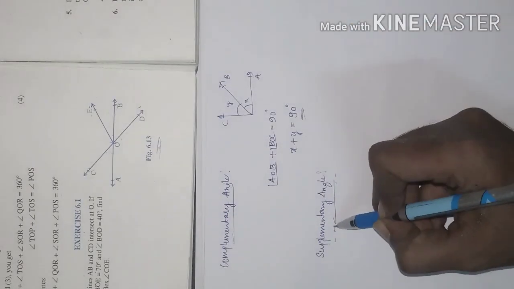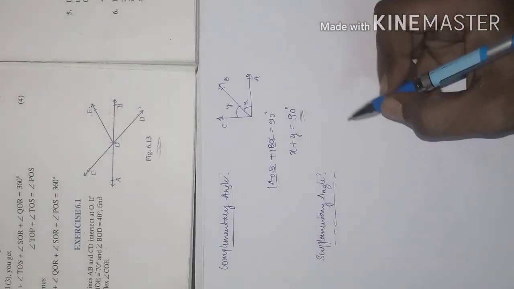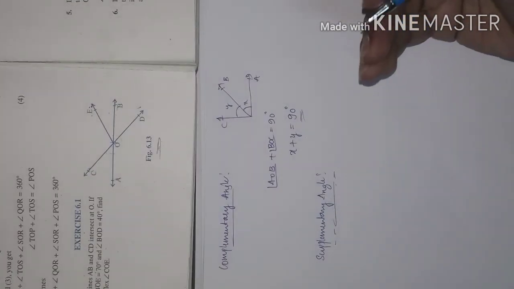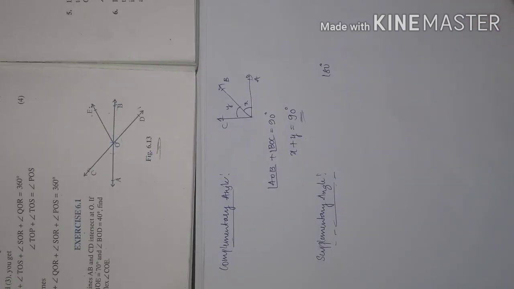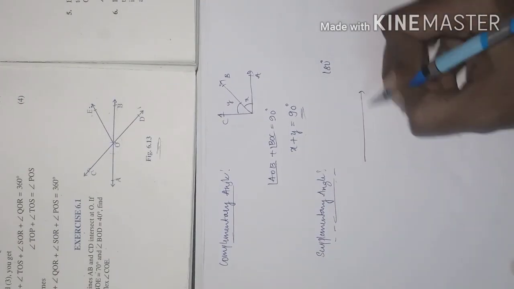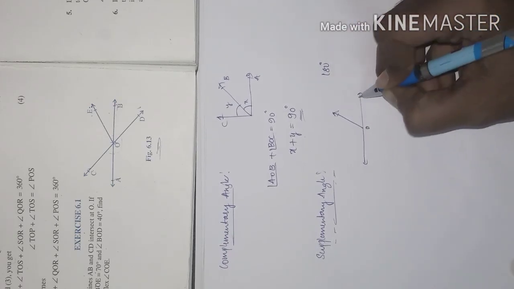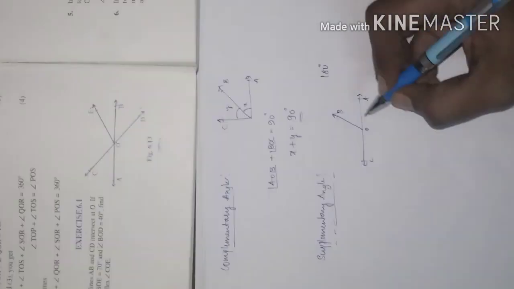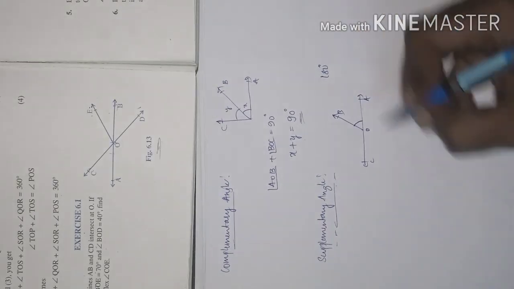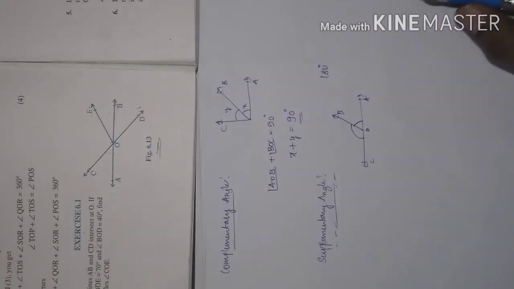For the next concept, that is supplementary angles. Supplementary angles are those angles whose sum of the measures is equal to 180 degrees. Those angles are said to be supplementary angles. I will show you the diagram. This is O, and I will make A, B and C. OA, OB, OC are the rays. The sum of the measures, angle AOB plus angle BOC, is equal to 180 degrees.